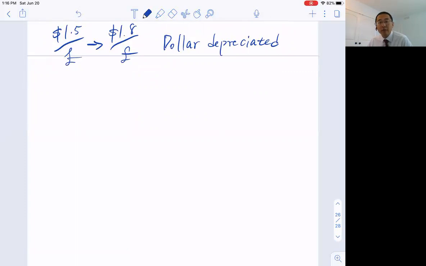Not all of them have a direct exchange rate against each other because many small, tiny currencies are not traded directly. So how can they figure out the value of different small currencies? That is when we use what's called a cross exchange rate.